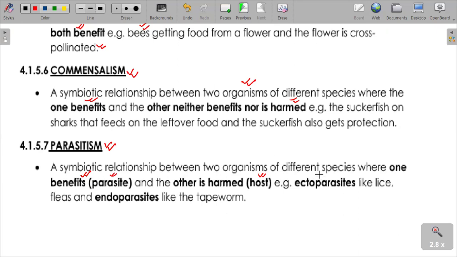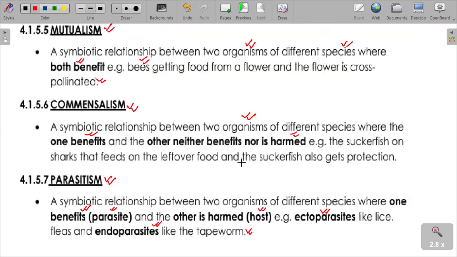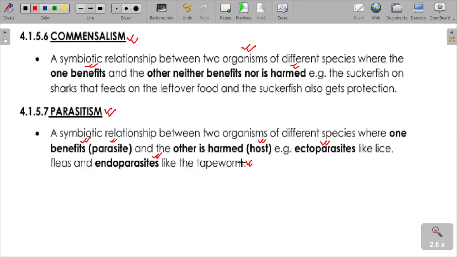So we have ectoparasites, which are parasites from outside, and then parasites from inside the stomach of the animals. A typical example is the tapeworm, which benefits from feeding on the host.